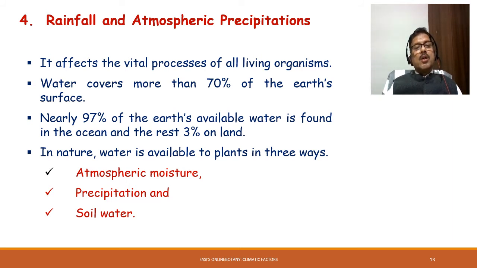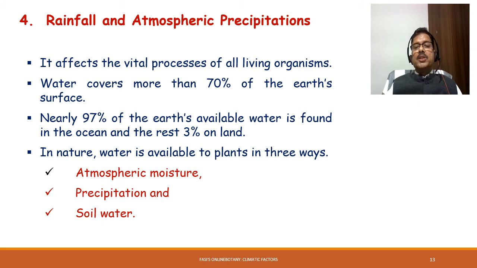Water covers more than 70% of the Earth's surface. Nearly 97% of the Earth's water is found in the ocean and the rest 3% on land.